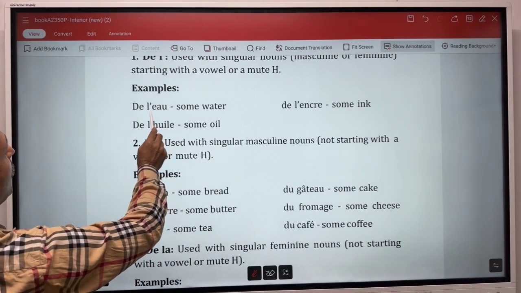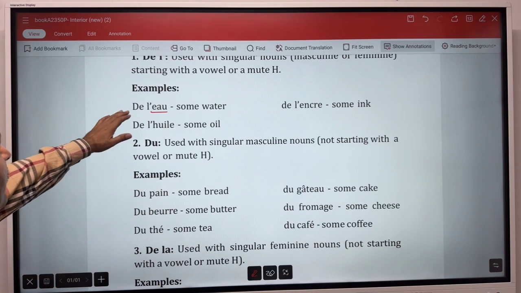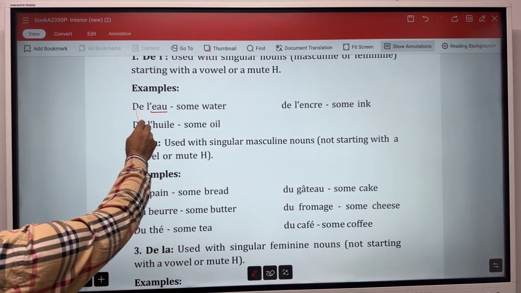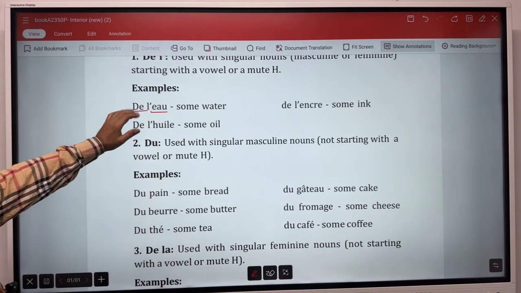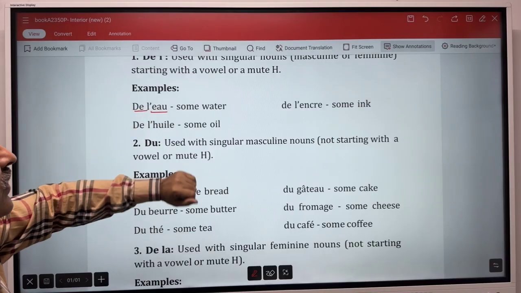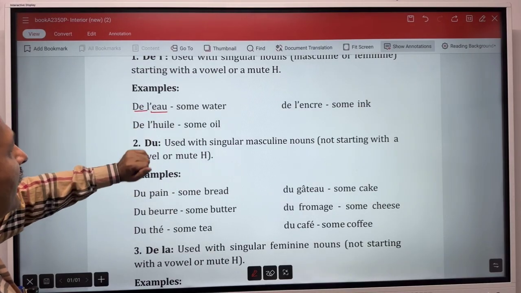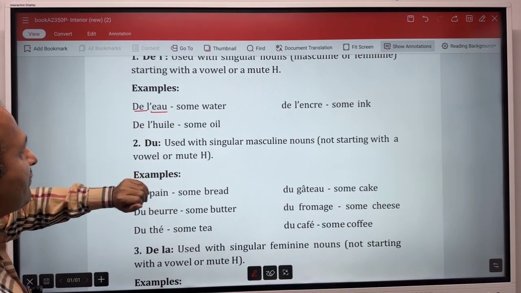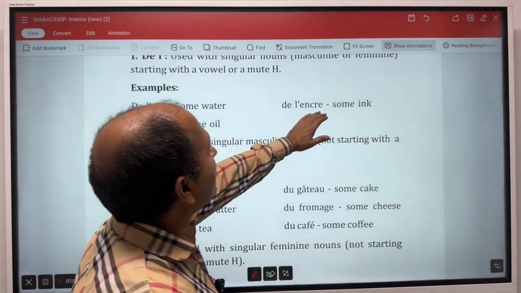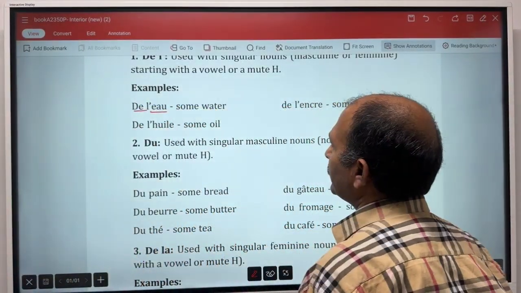They can be masculine or feminine. Here the word eau means water, which begins with a vowel, so before it we put de l'. De l'eau, some water. De l'huile, some oil. De l'encre, some ink.